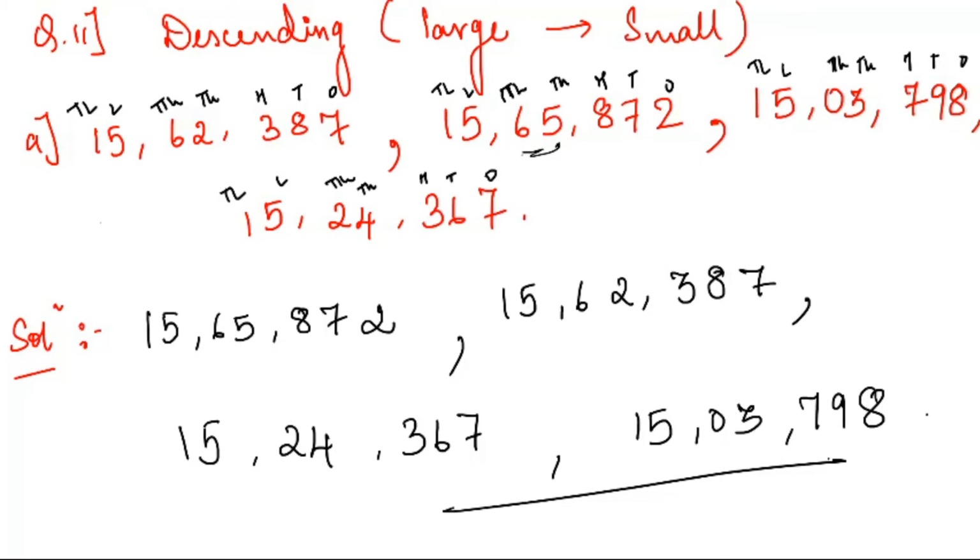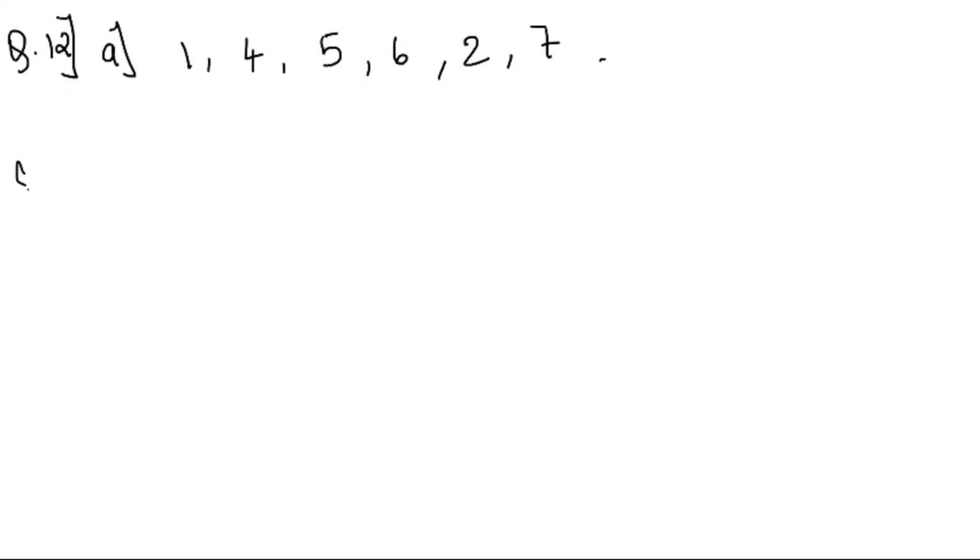Now we will go to question number 12. In question number 12, it's given to make the smallest and largest number using all the given digits only once. The numbers given to you like 1, 4, 5, 6, 2 and 7, ये जो numbers आपको दिए हैं क्वेश्चन में, हमें ये numbers को सिर्फ एक बार यूज करके सबसे छोटा स्मॉलेस्ट और सबसे बड़ा लार्जेस्ट नंबर्स बनाने हैं.